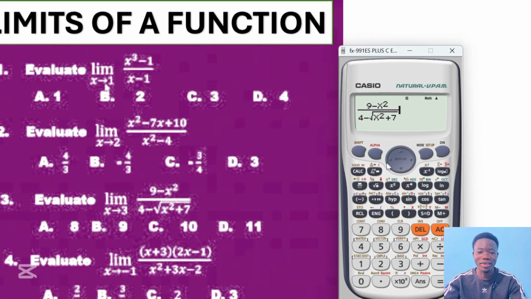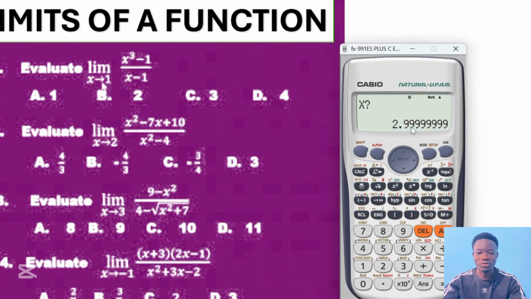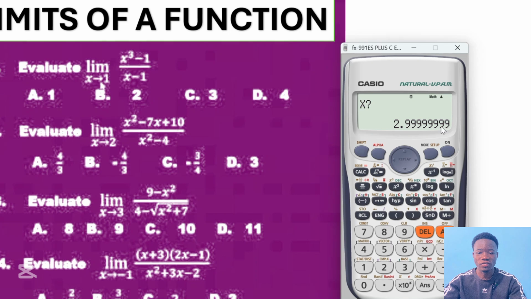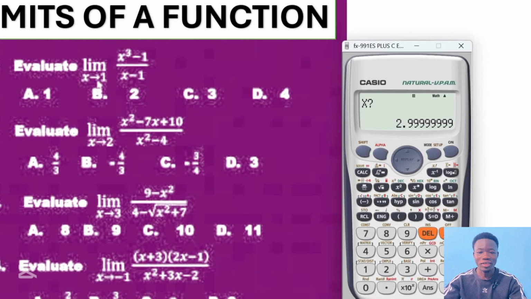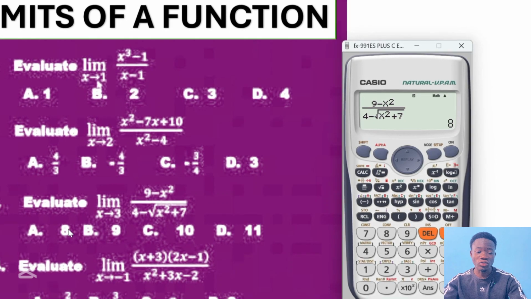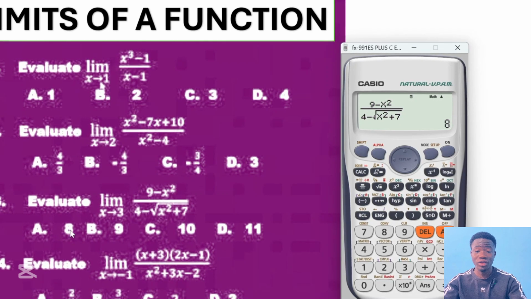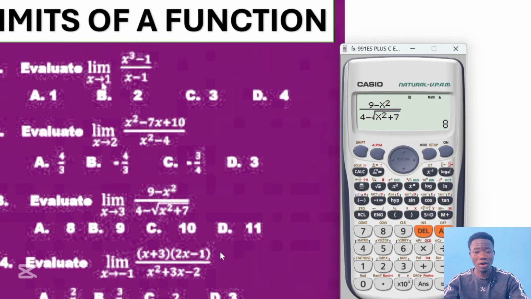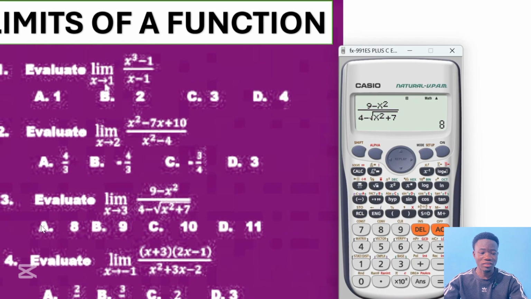So let's see how many 9s we put there: 1, 2, 3, 4, 5, 6, 7, 8. So 8 of them. And the correct answer is 8. So once you put values closer to it, you will be able to approximate. The first one we have 7.9999, which means around 8, and when we pick the one that is above, it's also around 8. Alright, which means your correct answer is 8.